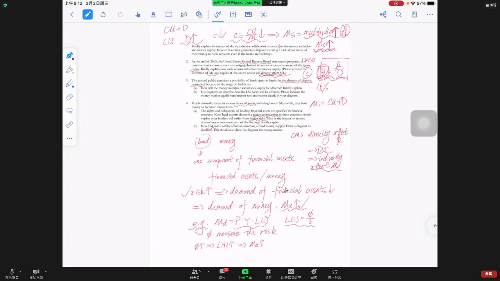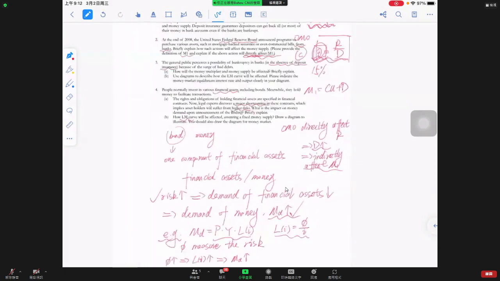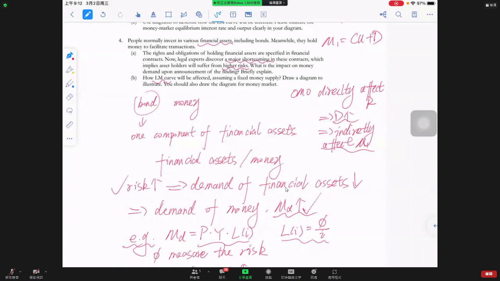Hello, sorry. I'm the one asking about question 4. What I mean is that if we draw the IS curve in the graph, the IS curve is downward sloping, so the output should decrease. Sorry, some connection problem. I didn't hear you clearly.